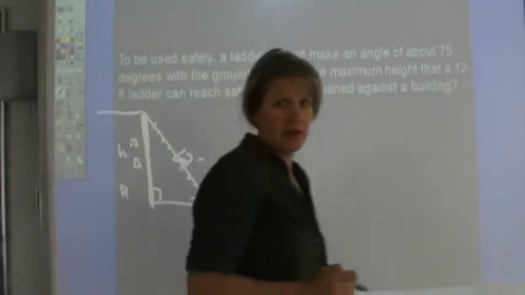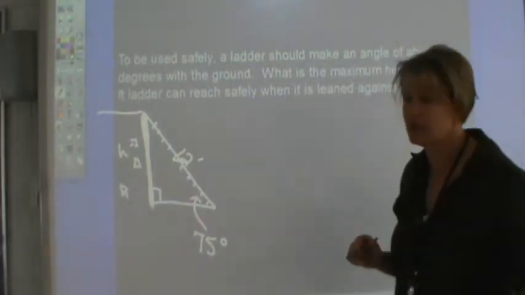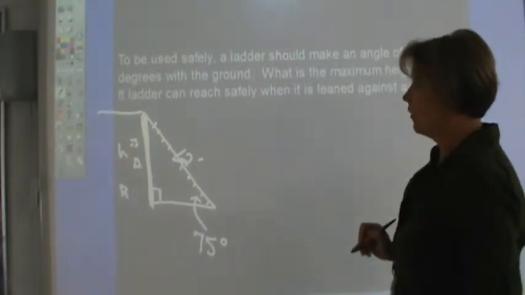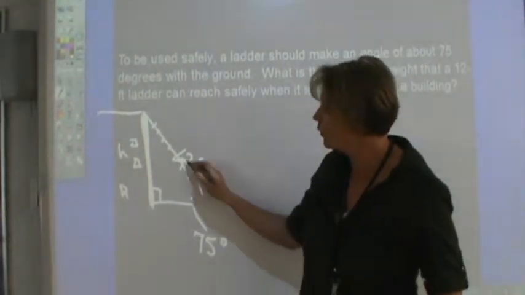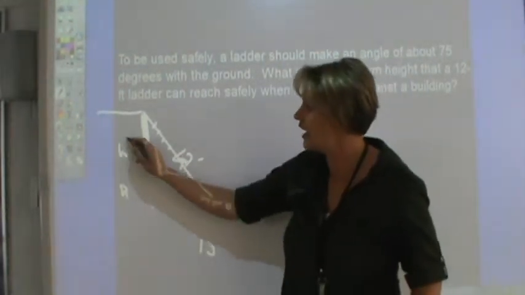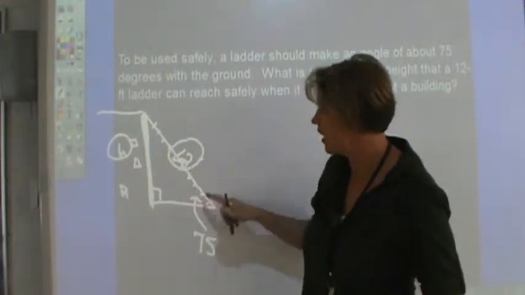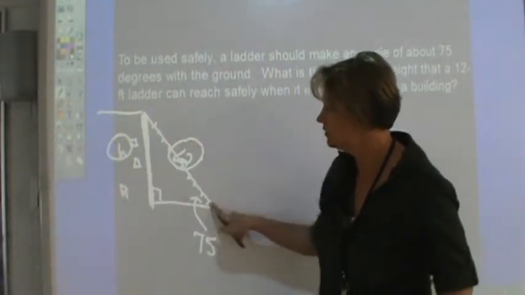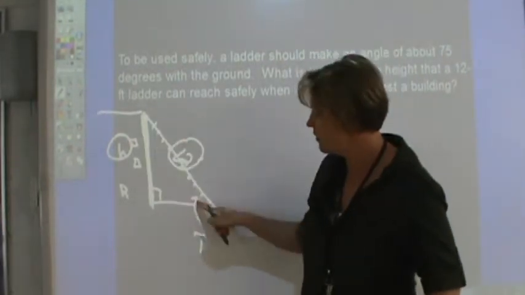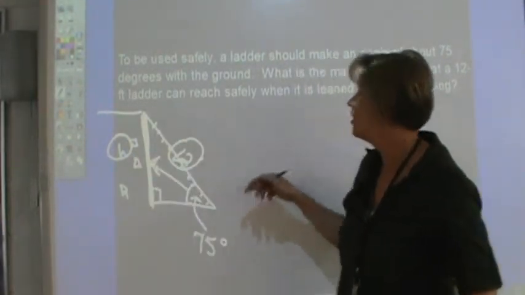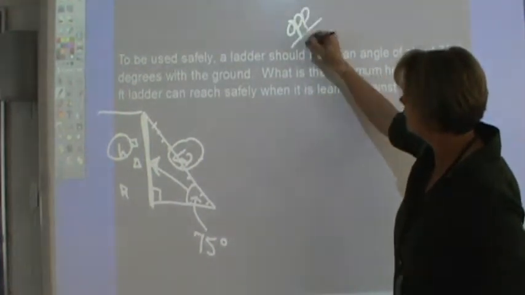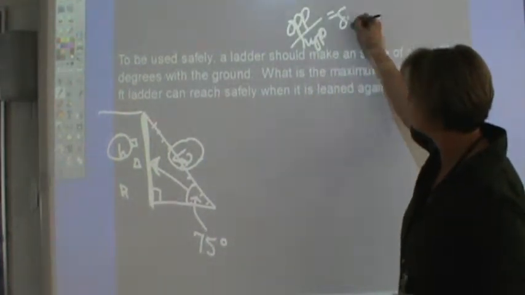All right, this is where your calculator is going to come in handy. You're going to need the graphing calculator, all right? What we're going to do is look from our angle at what we've been given and what we're trying to find. So we have H and we have 12. Well, this is my hypotenuse, all right? And then from this angle, this is my opposite side. Well, opposite over hypotenuse, that one was sine.